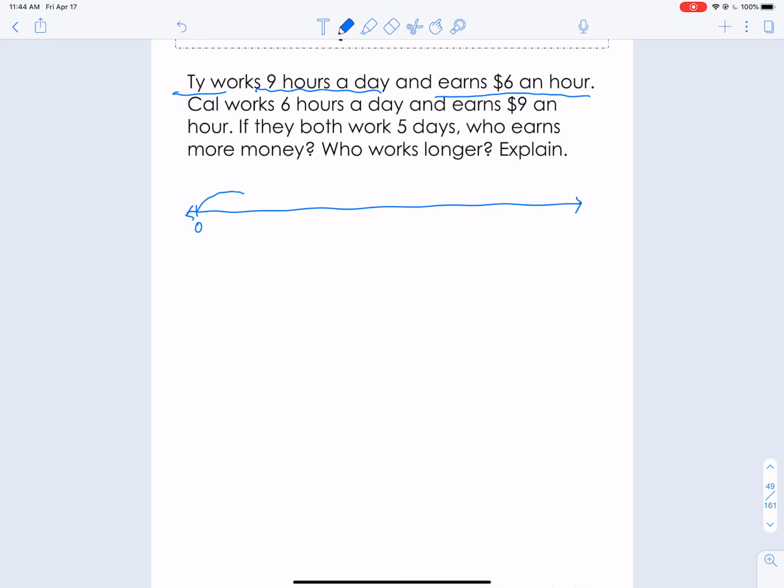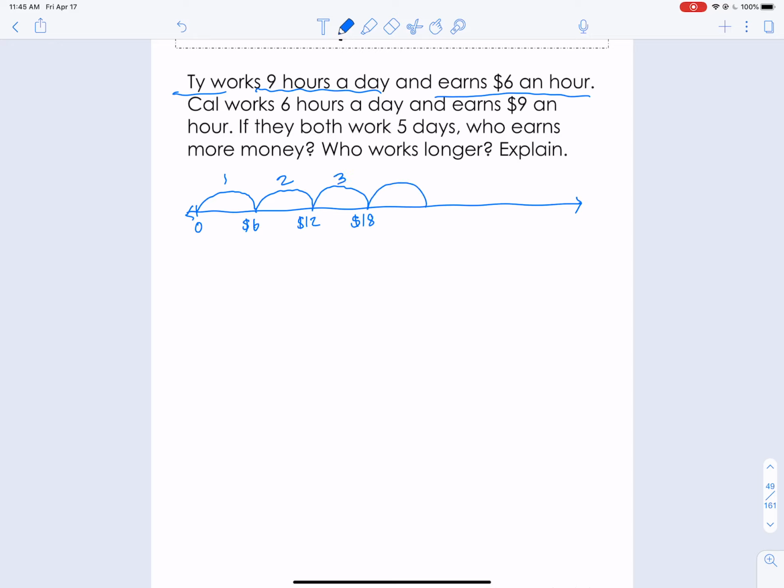I'm going to jump to $6, and that's for 1 hour of work. Now, I'm going to do another $6. If I add $6 to the existing $6, I'm at $12 now for 2 hours of work. I haven't gotten to 9 yet, so I'm going to keep going. 12 plus 6, now I'm at $18 for 3 hours of work.